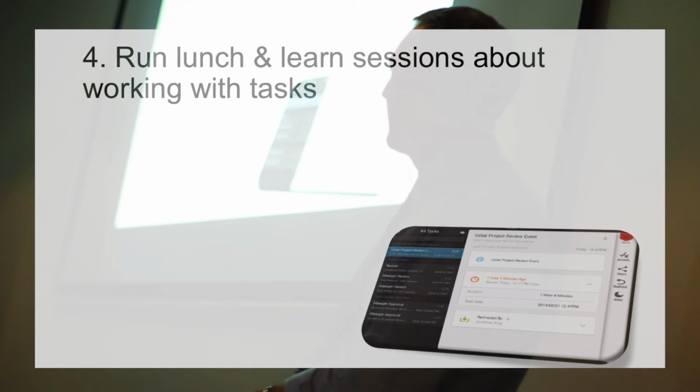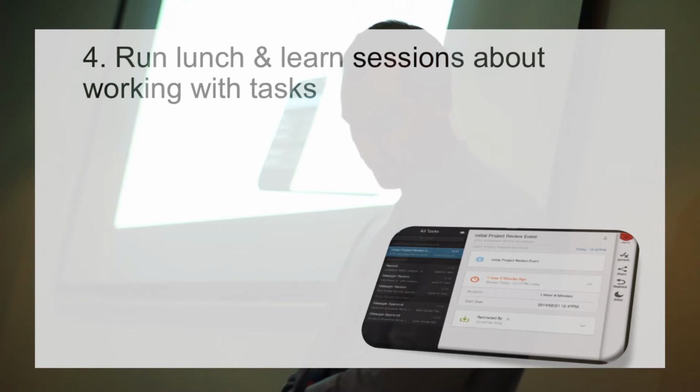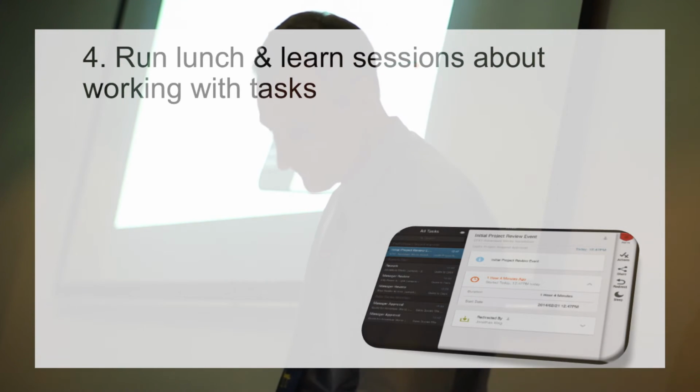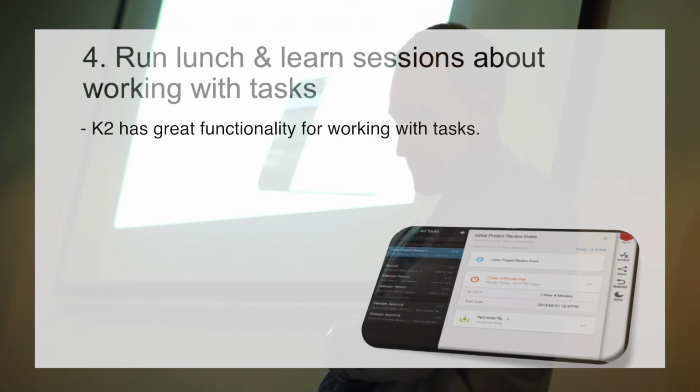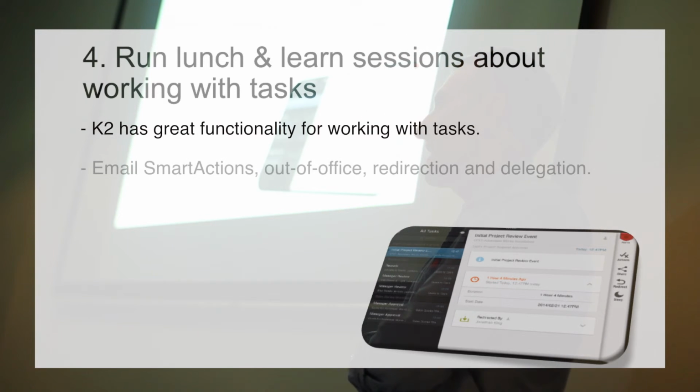Tip 4, run lunch and learn sessions about working with tasks. K2 provides great functionality for working with tasks. There are lots of features such as out of office, redirection, delegation, being able to respond to tasks through email.